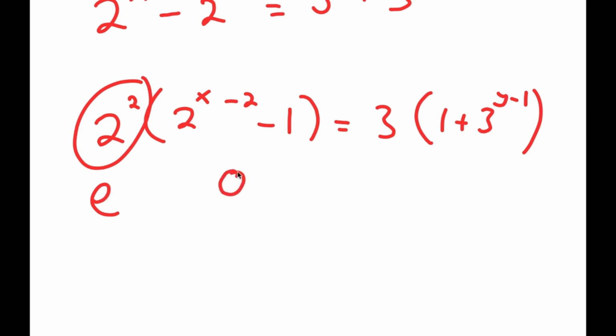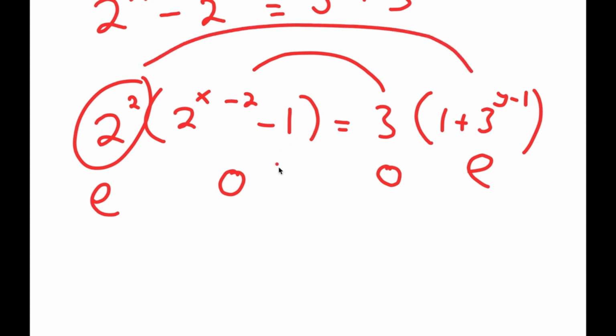So we have an even number times an odd number is equal to 3, an odd number, times 3 to the power of any number, an odd number, plus an odd number plus 1, an even number. So you have an even number times an odd number is equal to an odd number times an even number. Now, what I'm going to do is set the odd numbers equal to each other, and then the even numbers equal to each other.